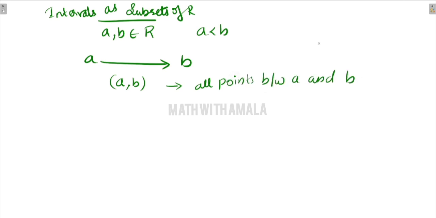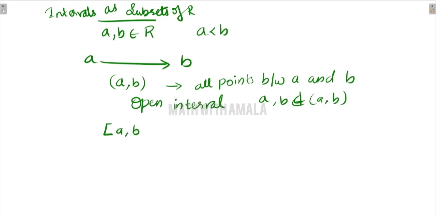Now look at the representation. We have an interval. This is an open interval. Open (A, B) says about all points between A and B, where A and B do not belong to the interval. A and B are not included, but it includes all the points in between A and B. This is called an open interval.